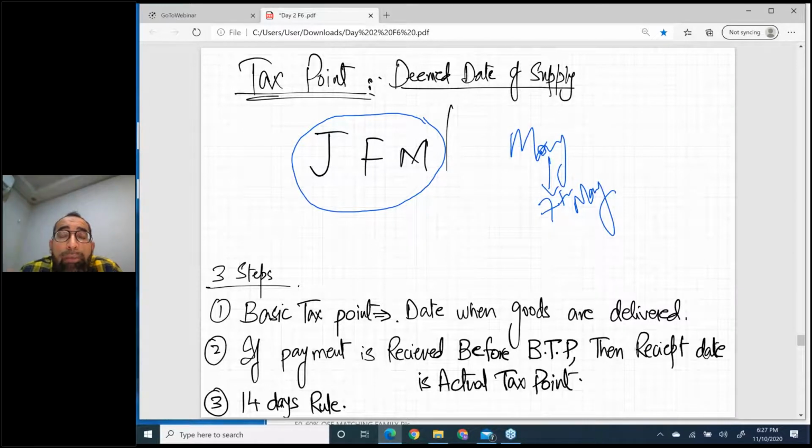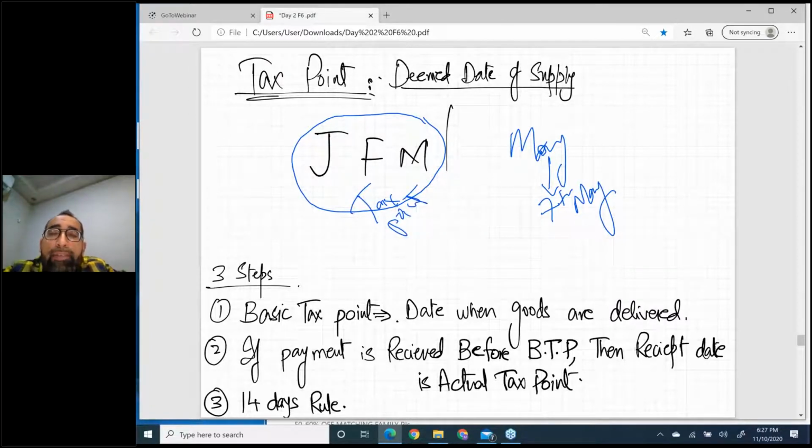But for which transactions? Cash sales, credit sales, what is the criteria? How will you recognize which transactions are to be included in which quarter for VAT purpose? For this, you have to calculate the tax point for each and every transaction.